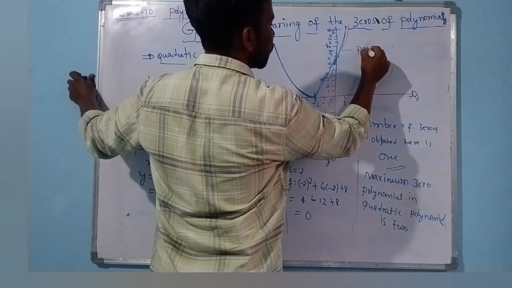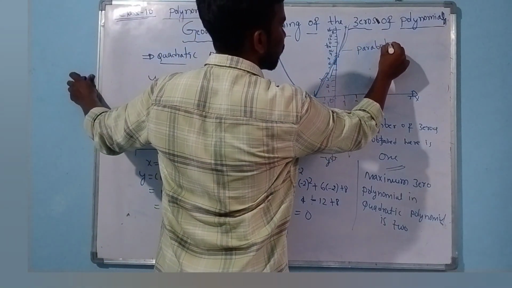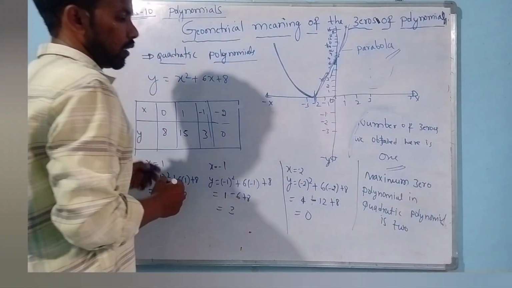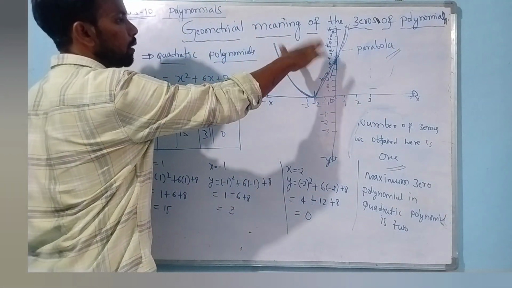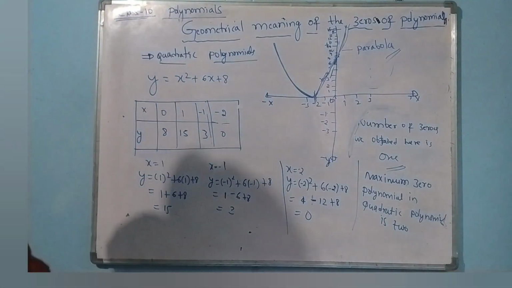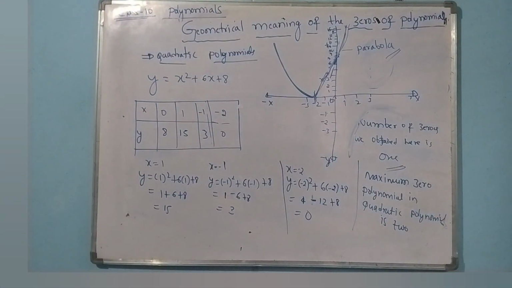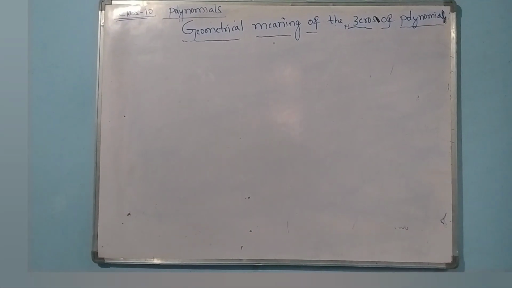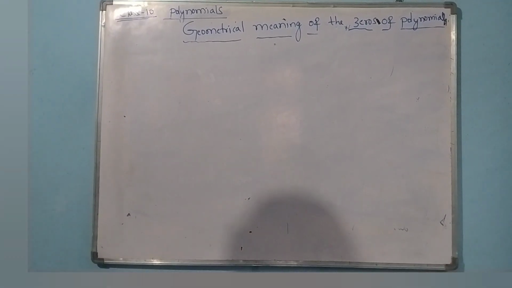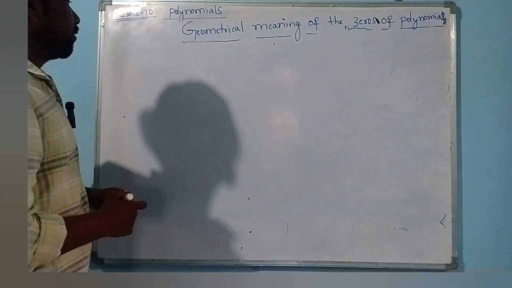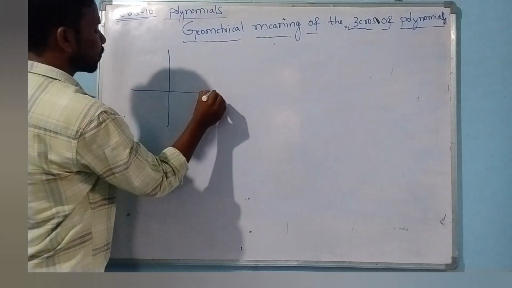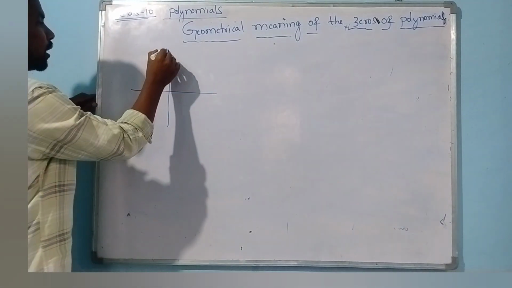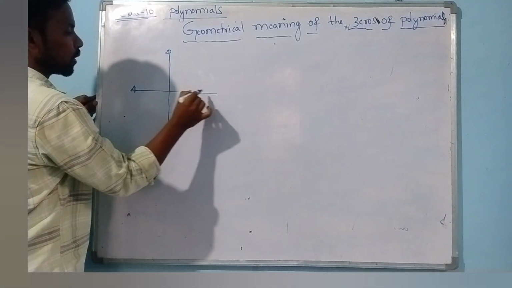Parabola. Generally for a quadratic polynomial, if you draw the graph, we will obtain a parabola only. Generally for a quadratic polynomial, how can we expect the graphs? Always open, that's what a parabola is.